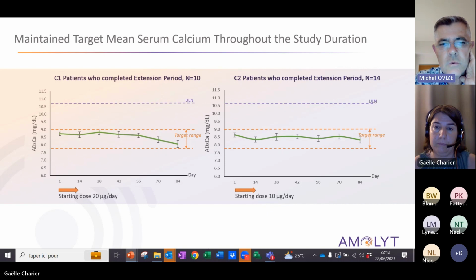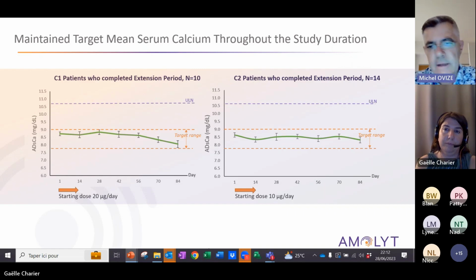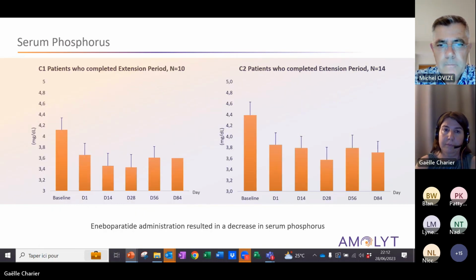At the end of cohort 1, the average intake was eneboparatide 28 micrograms per day for a starting dose of 20 micrograms, while in cohort 2, we started at 10 and we ended up at 45 micrograms per day of eneboparatide. Next.